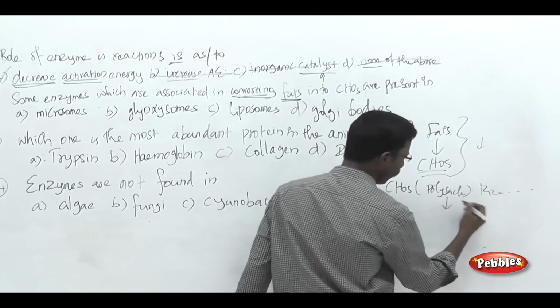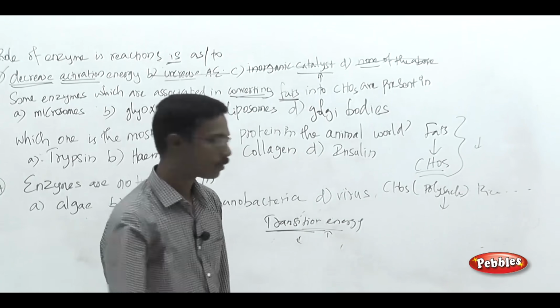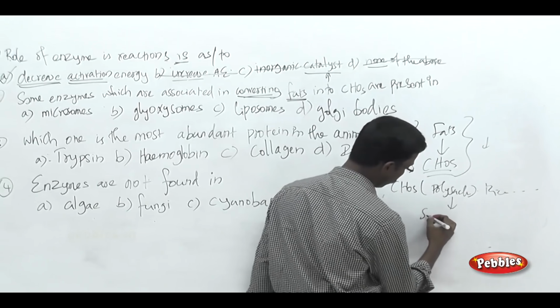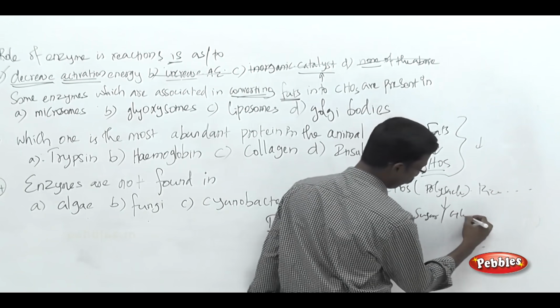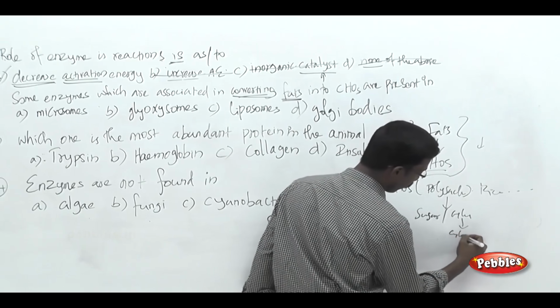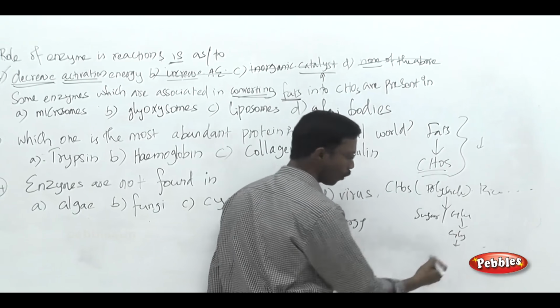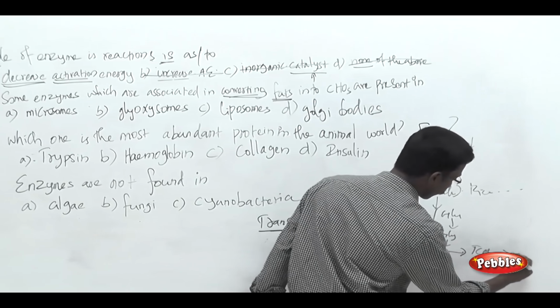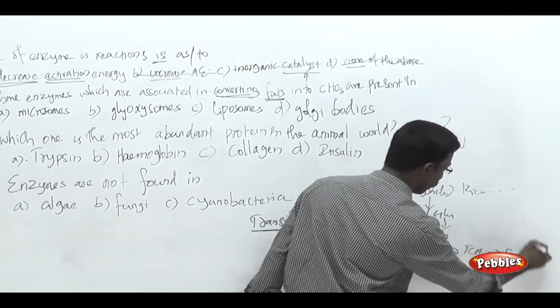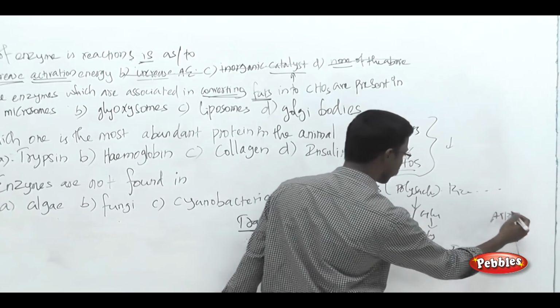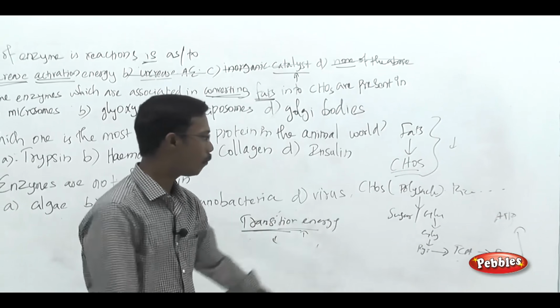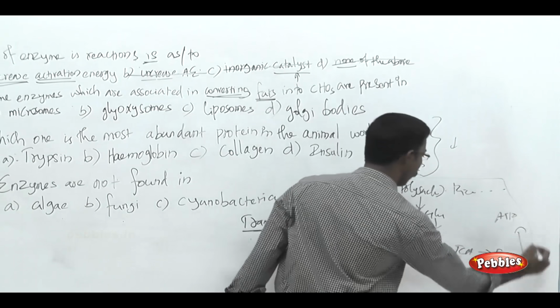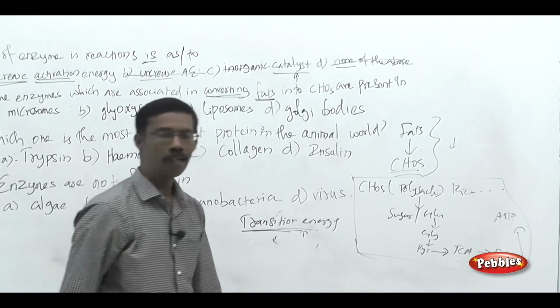From the polysaccharide we synthesize monosugars, for example glucose. From glucose we enter the glycolysis metabolic pathway, then pyruvate, Krebs cycle, electron transport chain, then energy. So these are the normal steps for energy synthesis in any animal cell.